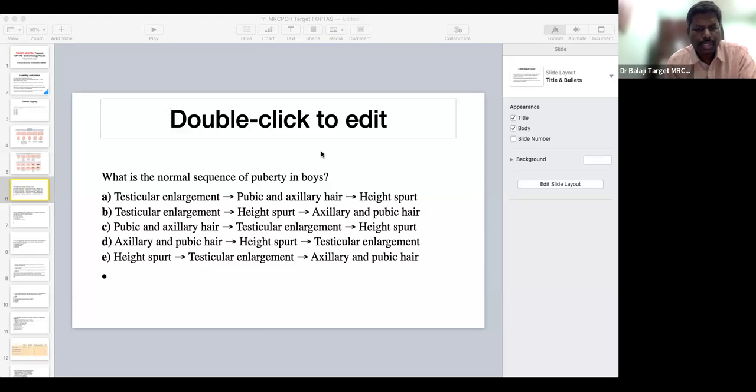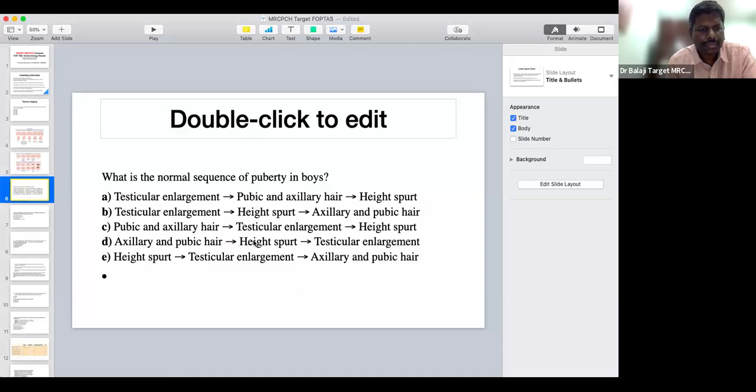So it's the testicular enlargement. Yeah. So you can talk. Actually, I am not able to see the comments since I am sharing. You can voice out so that we can move on quickly. Anybody who wants to participate, just voice out because I am unable to see the comments since I am sharing. Okay.